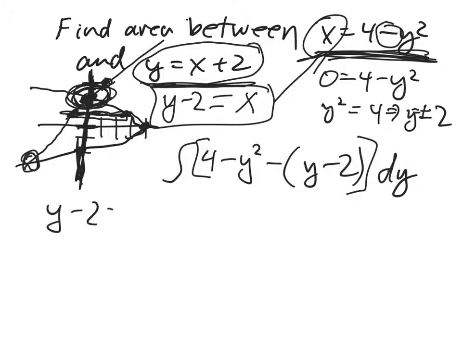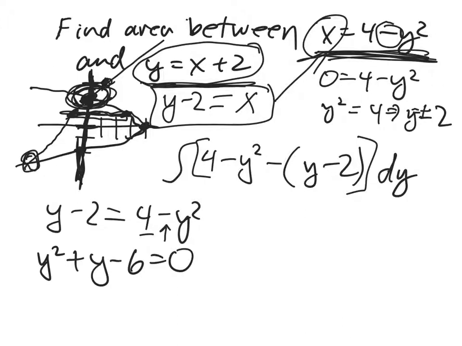x equals 4 minus y squared, well, our x being y minus 2. And again, we have a quadratic, this time with the negative y squared. I'm going to add y squared to both sides and then subtract 4. So, and quadratic, we can factor that.